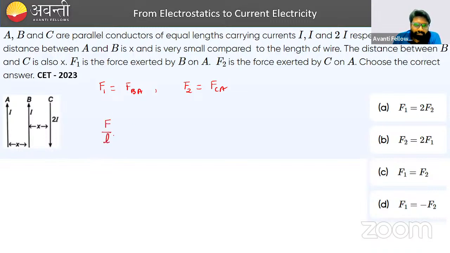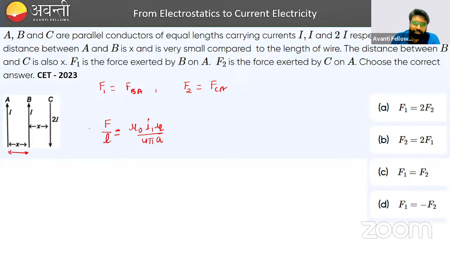force per unit length between two conductors is given by mu naught I1 into I2 upon 4 pi R. Clear? R, or we will say A, is the perpendicular distance between two parallel wires.